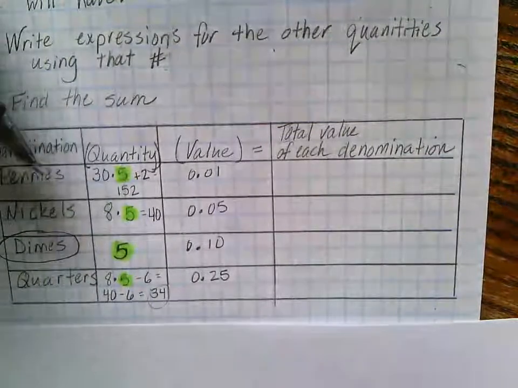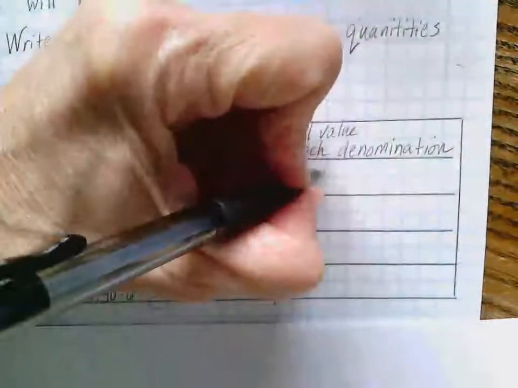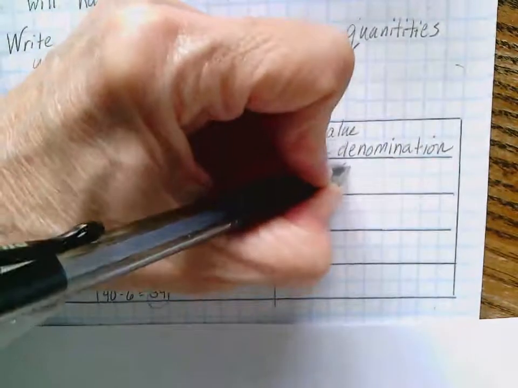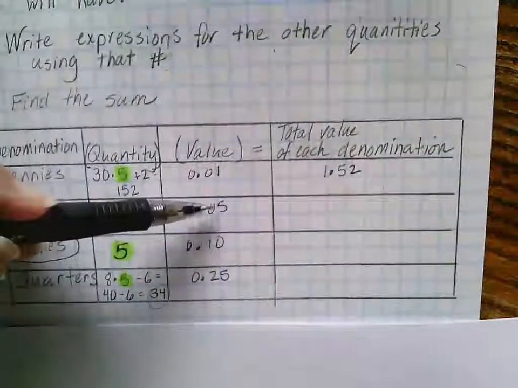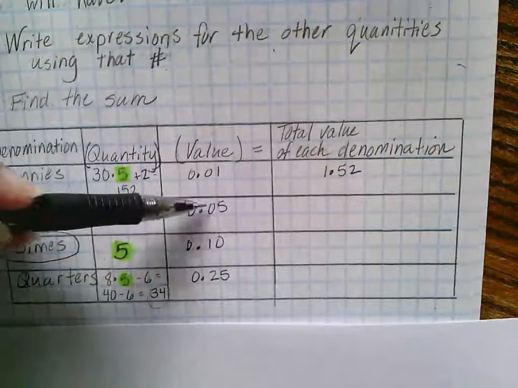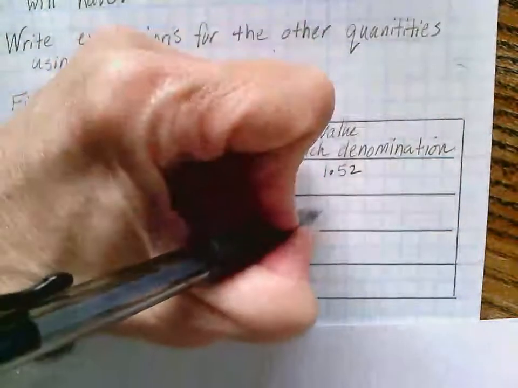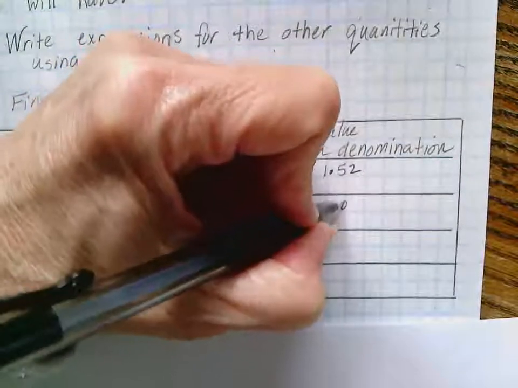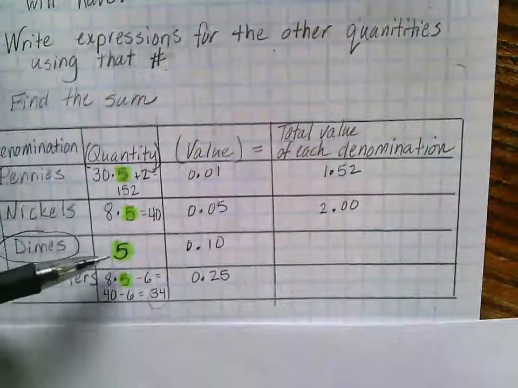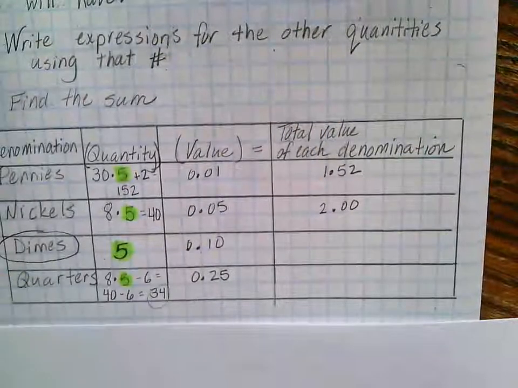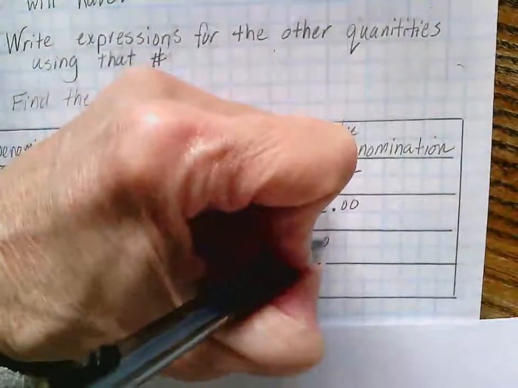Obviously, 152 pennies is going to be $1.52. If I have 40 nickels and they're worth 5 cents each, I'm going to end up with $2. And if I have 5 dimes, 10 cents each, I'm going to have 50 cents.